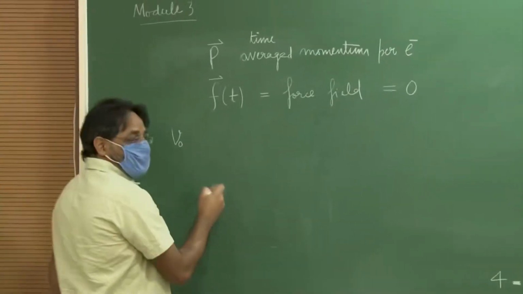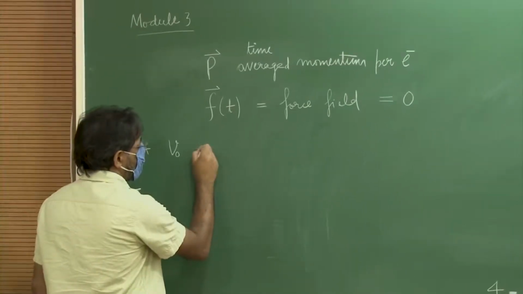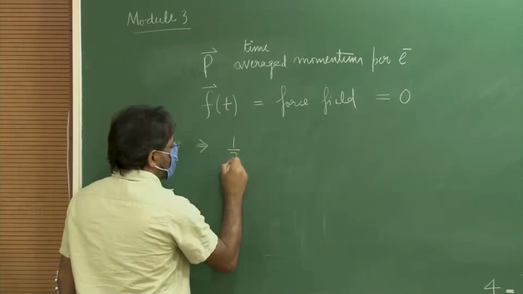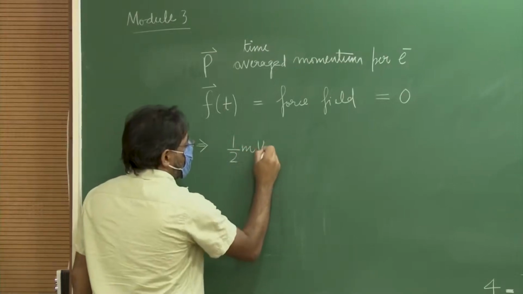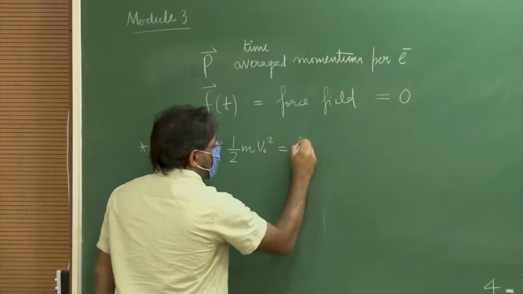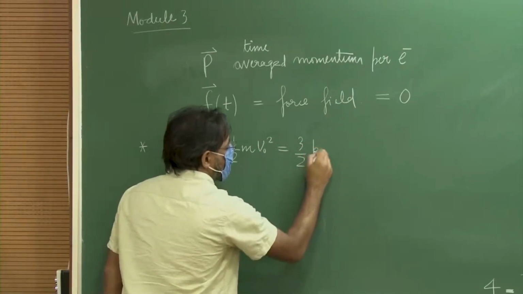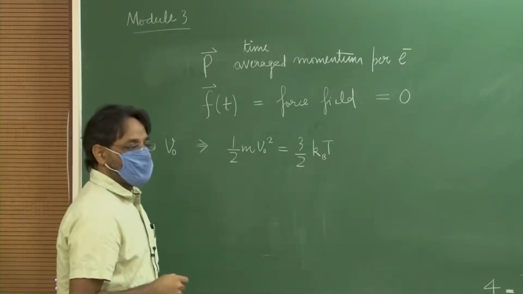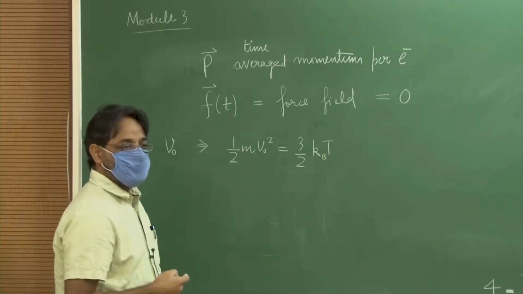And how will you calculate it? You can give an estimate of it. The quick estimate can be that half m v naught squared is equal to 3/2 kBT. That would be one quick estimate of v naught, right?